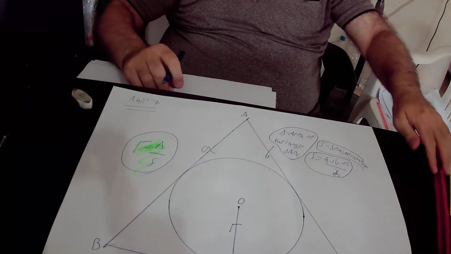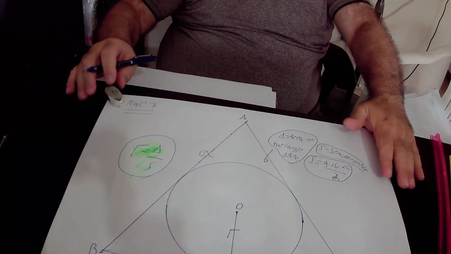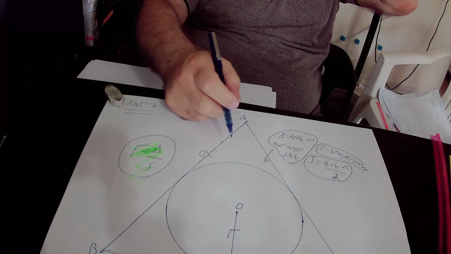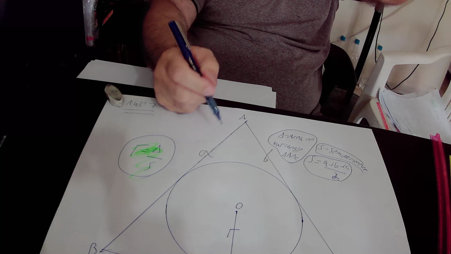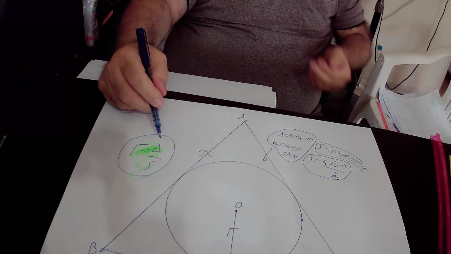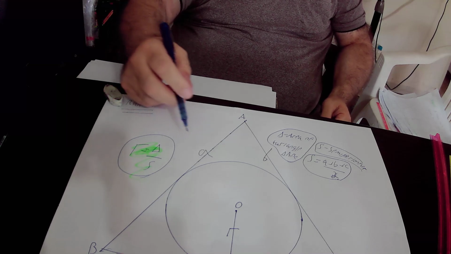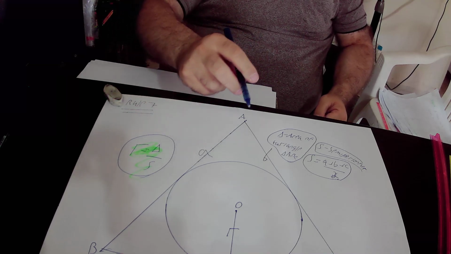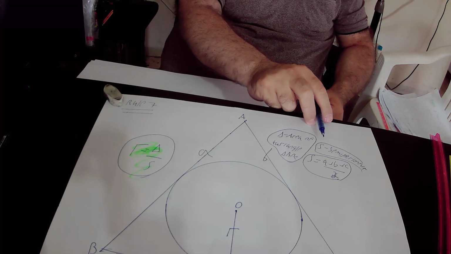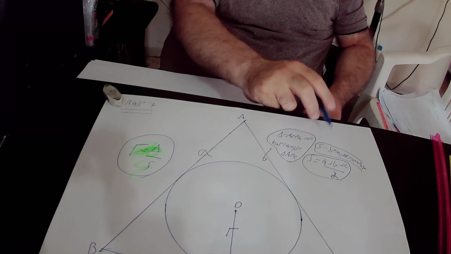According to the new rule, this is rule number 7, the radius of this circle that is inscribed in triangle ABC equals the area of triangle ABC over the semi-perimeter of triangle ABC, and the semi-perimeter equals the sum of the side lengths of triangle ABC over 2.